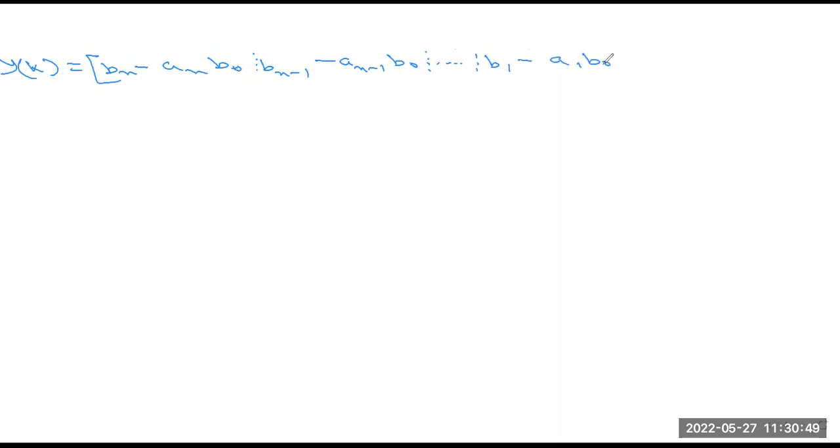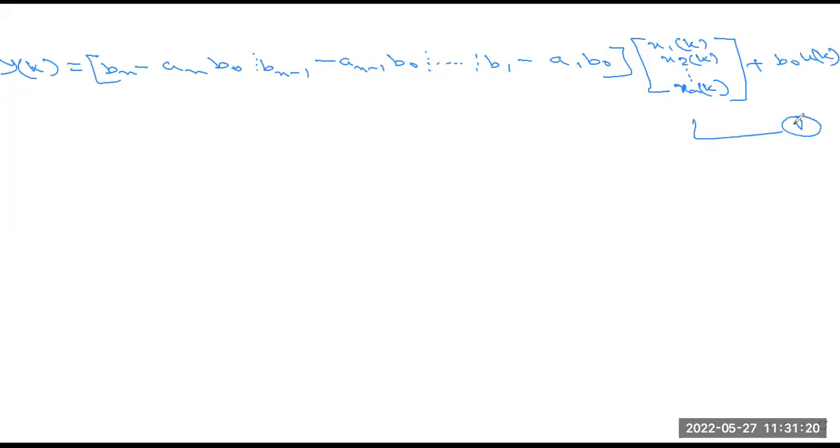Okay. So this is the form of the output, multiplied by the state vector x1 of k, x2 of k, dot dot dot, xn of k, plus b0 u of k.